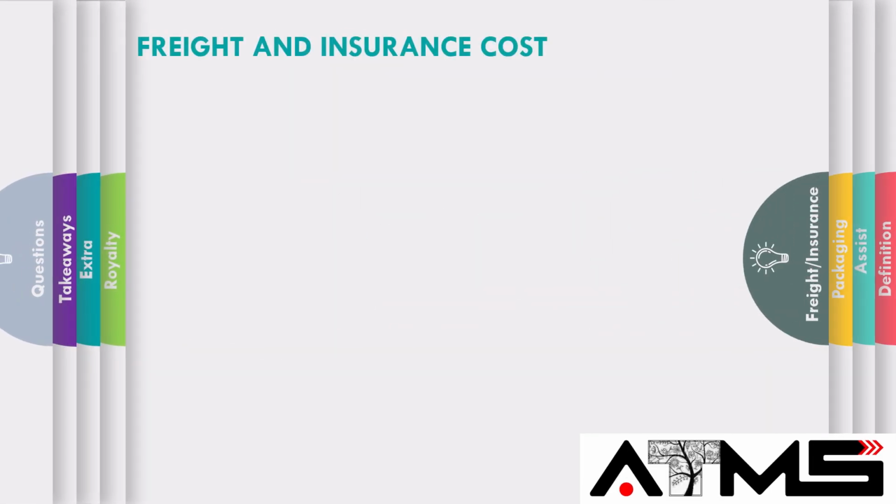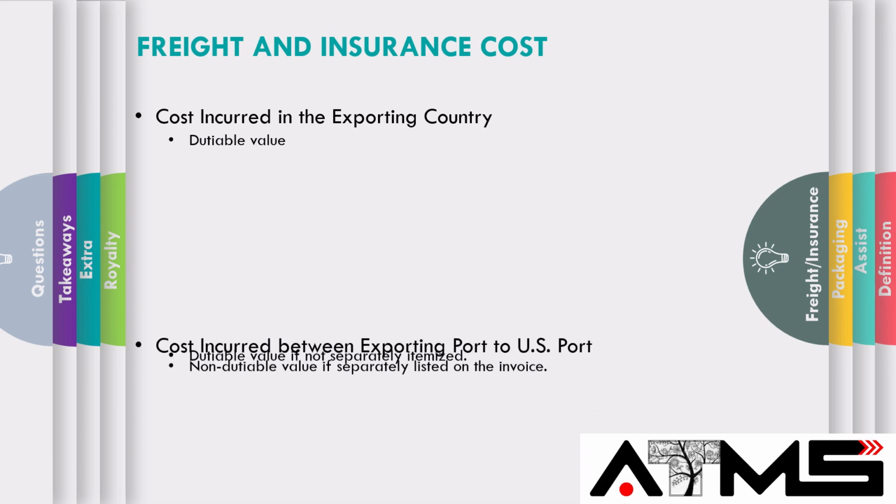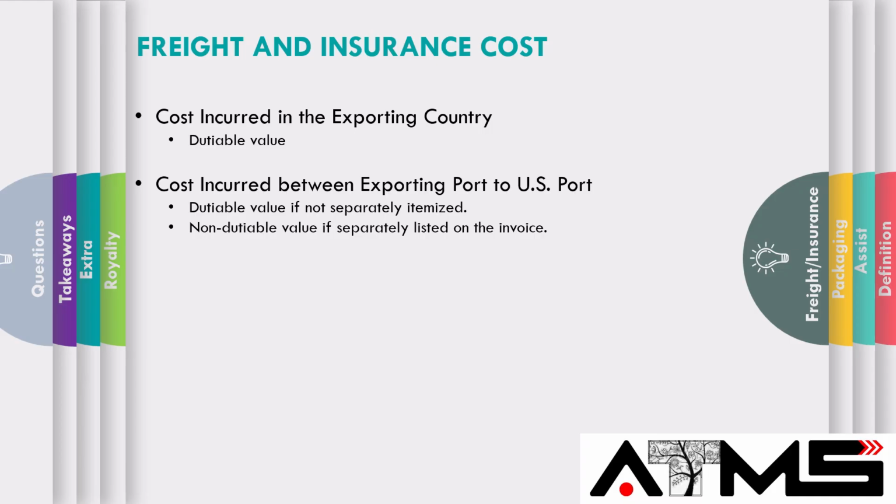Freight and insurance may or may not be dutiable depending on where they occur. We can divide them into three segments. First, within the exporting country, freight and insurance from the seller's factory to the port of export are dutiable. Second, between export and import port, international freight.